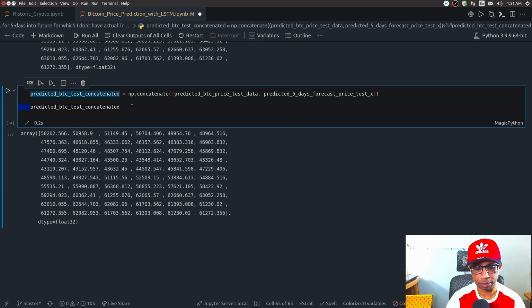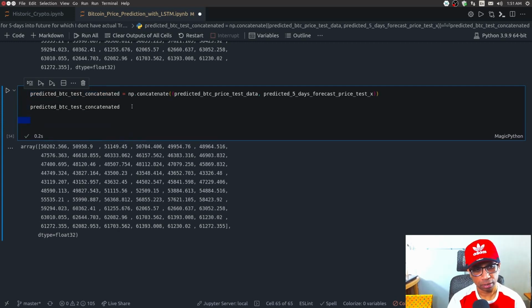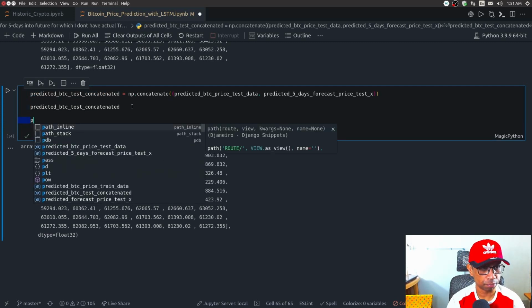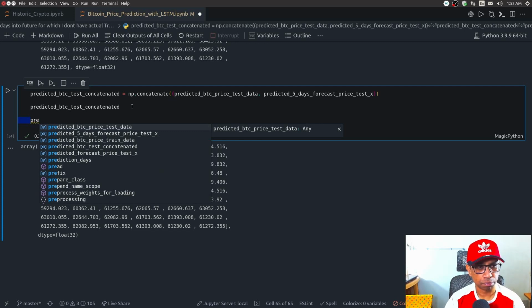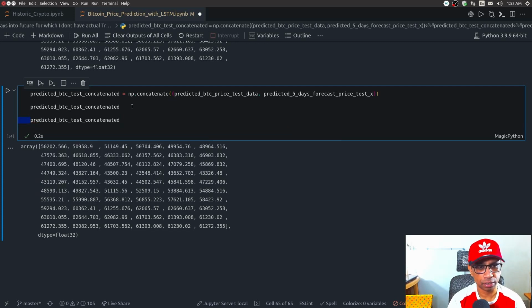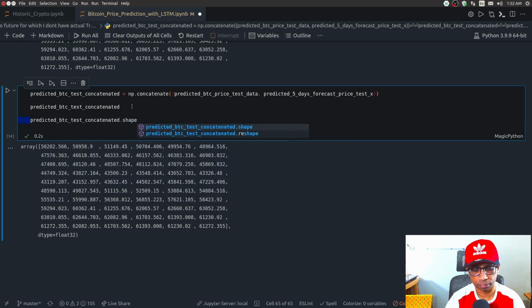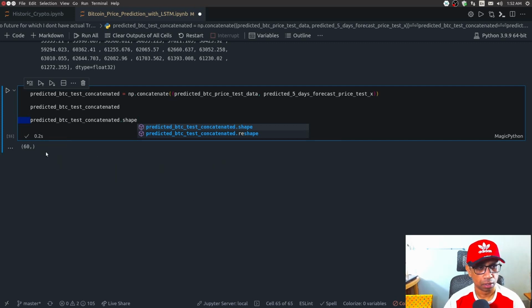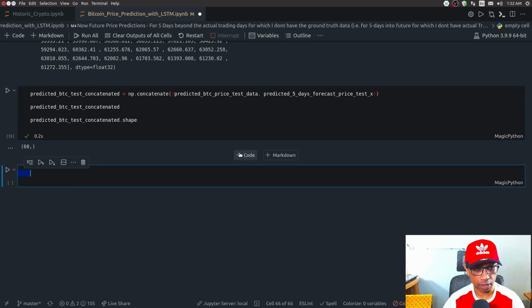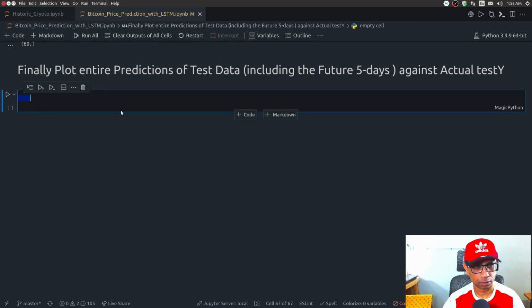Let's check their shape. The shape should be 60, number of samples. Predicted BTC price concatenated.shape. Yes, so I have just now 60 scalar values in the array, and now I am ready to plot it.